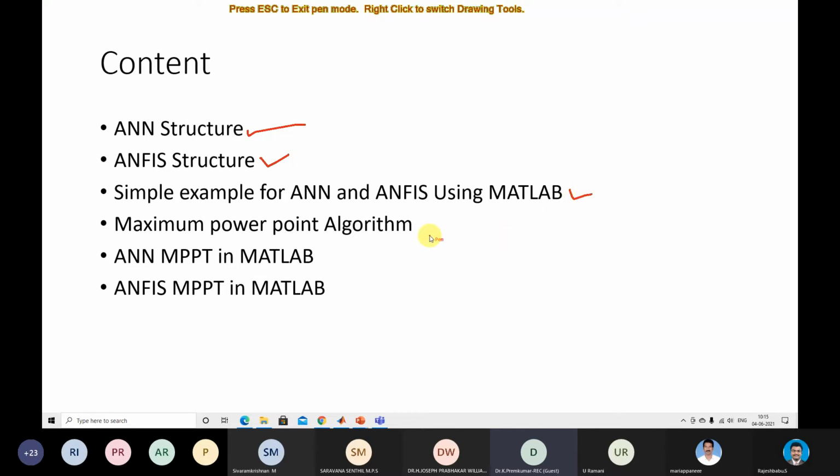Then we discuss the maximum power point algorithm for solar PV system and how we can implement that MPPT algorithm by means of ANN and ANFIS for the solar PV system using MATLAB. So these are the presentation contents for this topic.